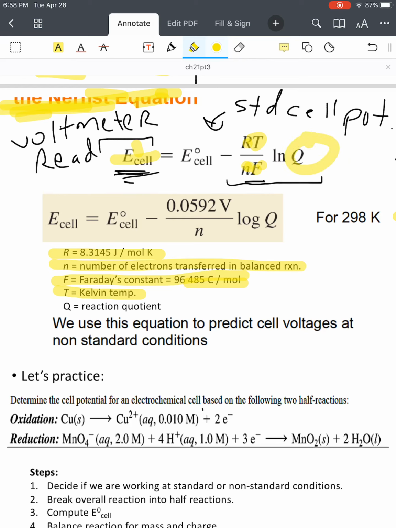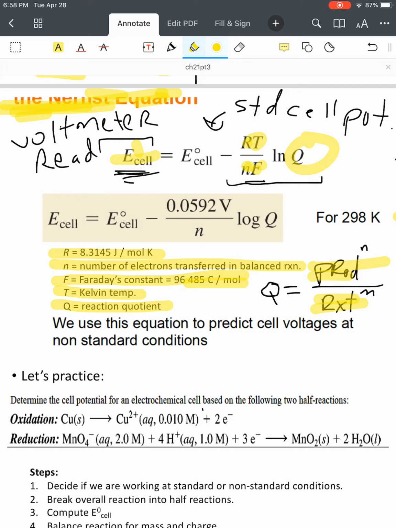Now here we take the natural log of Q. That is the reaction quotient. Now, you may have forgotten what Q is, and I want to remind you at this point. Q is nothing more than products divided by reactants. It's just like an equilibrium constant where we raise each product and reactant term to the stoichiometric coefficient. But the difference is these numbers that we put in for our partial pressures or molarities are non-equilibrium concentrations.